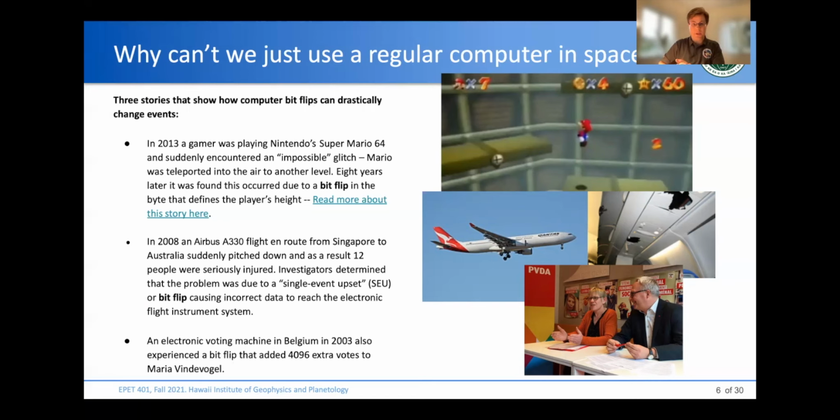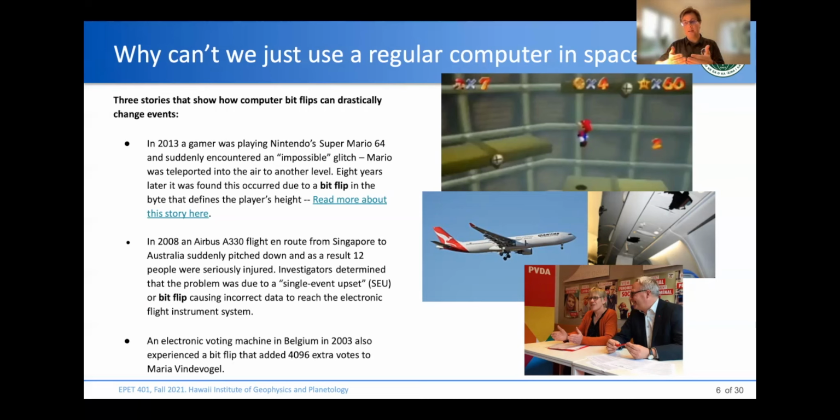The investigators came to understand that this was a single event upset that had caused, again, a bit flip on the flight computer, in this case the airplane computer, creating a glitch that made the computer confused about what kind of information it was collecting.